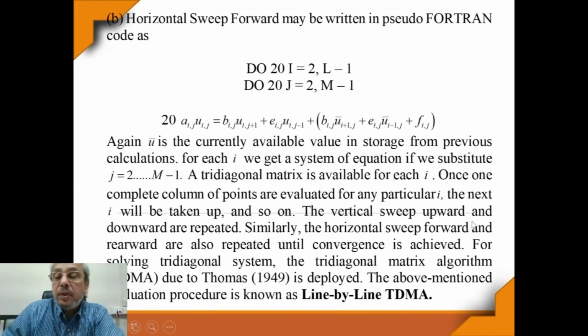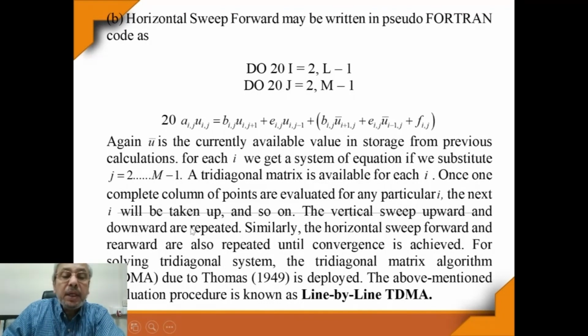The vertical sweep upward and downward are repeated. We will not only go from 2 to L minus 1, we will come from the topmost value to the bottommost value also. We'll just reverse the sweep.